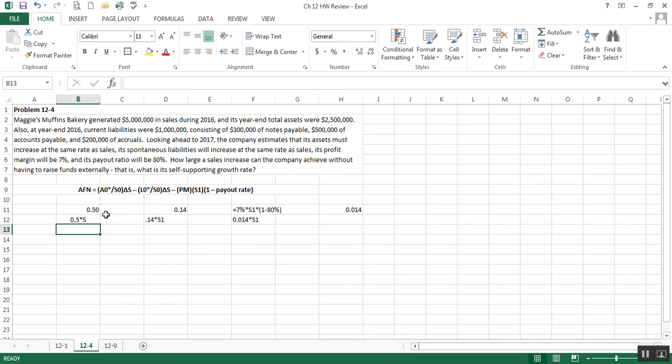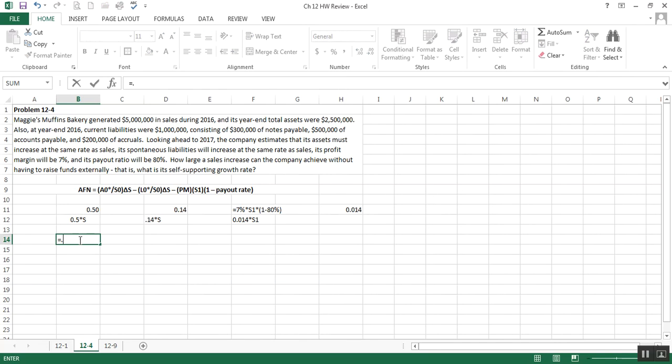So now, let's use algebra to walk through the rest of the problem. We're going to multiply the 0.5. This is change in sales, not S1. So these are both times the change in sales.